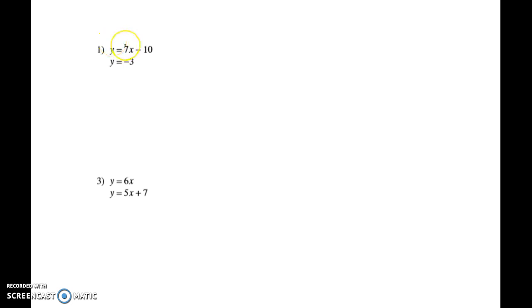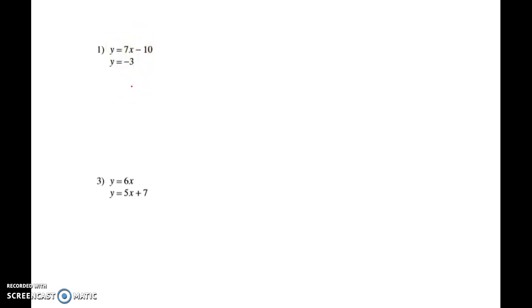On these problems, you've got a worksheet in front of you that has 8 problems on the front and 8 on the back. We are going to do about 5 of these together, and then you're going to be responsible for finishing the rest. So you look at these two equations. They're both in the y equals format, so you just need to choose one.